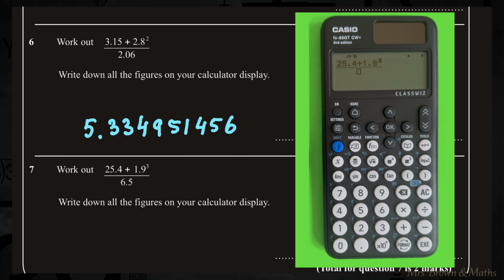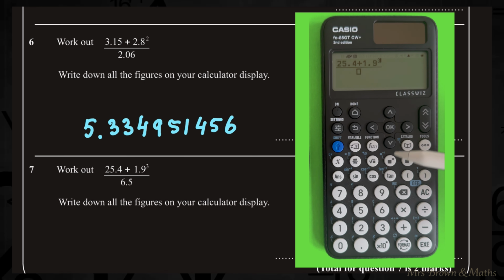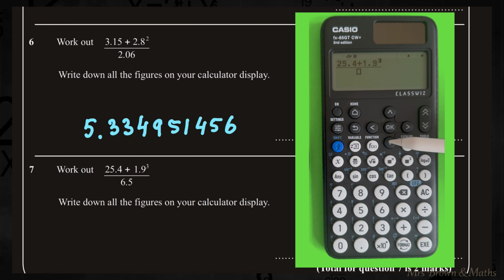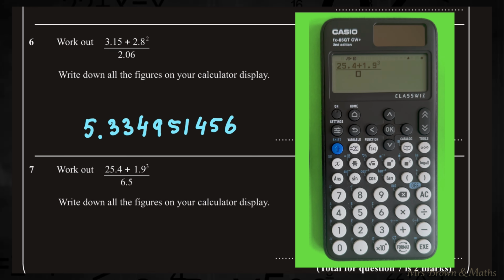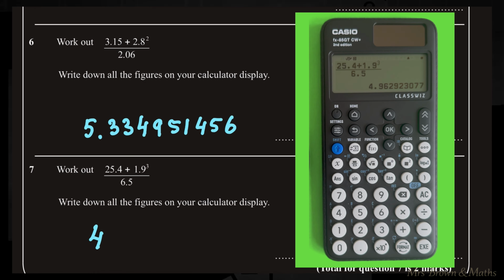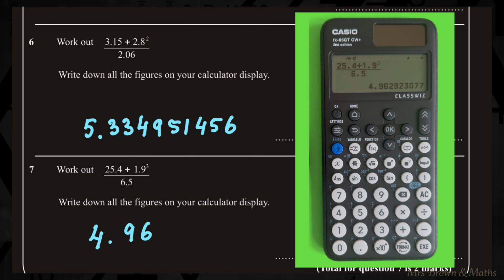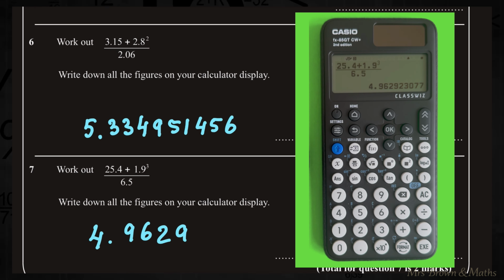Then I move to the denominator, use this arrow, and 6.5 equals 4.962923077. Done.